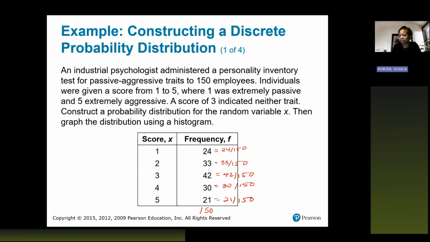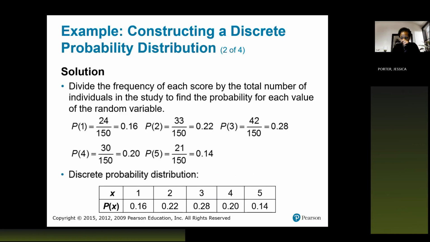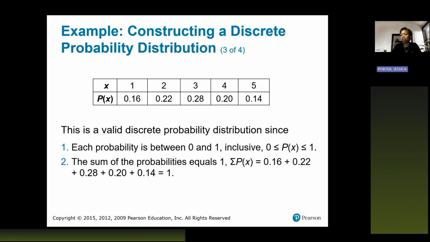We'd have to add that together. And so here's our table. Here are our values in decimal: 0.16, 0.22, 0.28, 0.20, 0.14. And we add those together and those equal 1. So yes, this is a valid discrete probability distribution since those two rules hold.